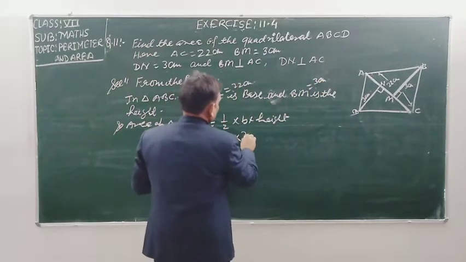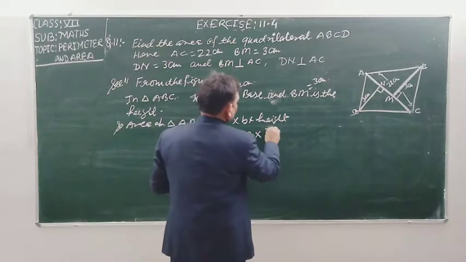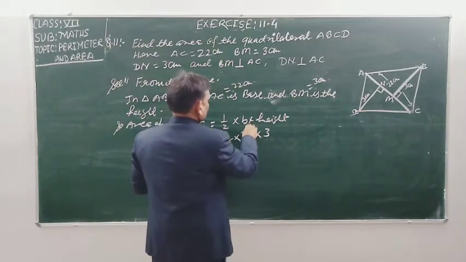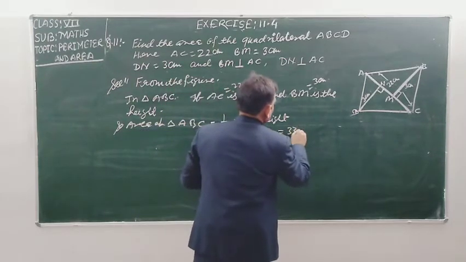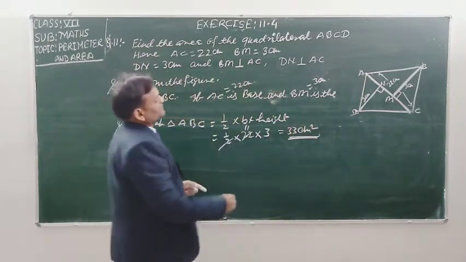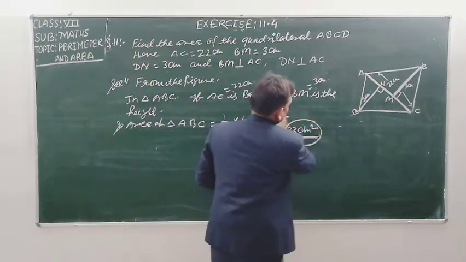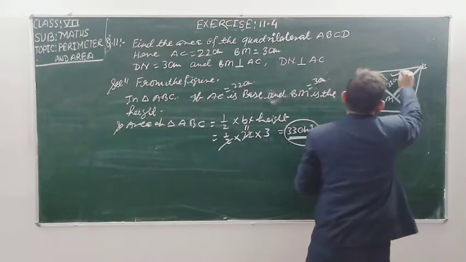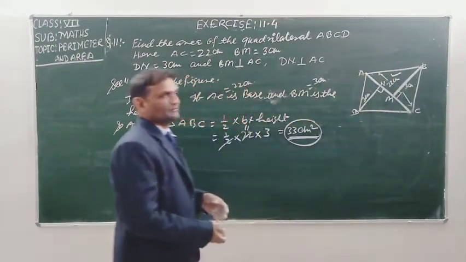So base 22 into height 3, 11 into 3 is equal to 33 centimeter square. 33 centimeter square is the area of triangle ABC.